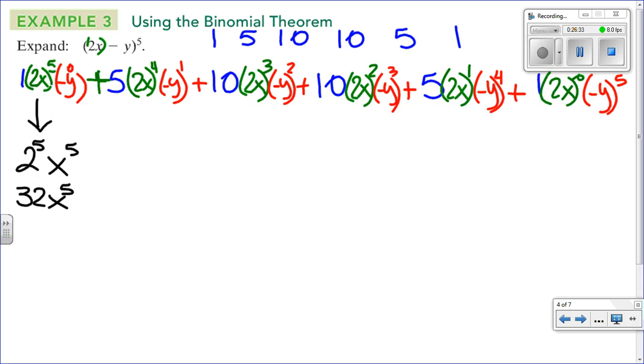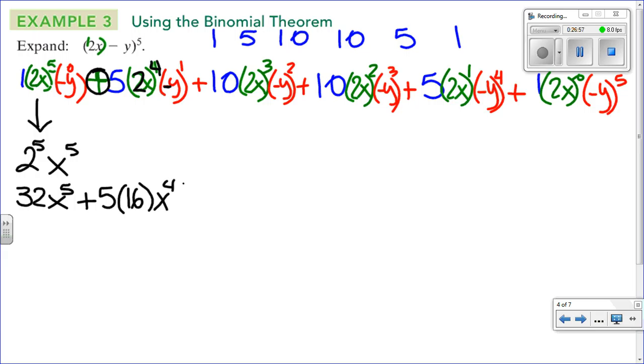So the next term will be, you can look at your signs, and we have a positive and we have a negative here. But actually, let's not worry about the signs yet. So let's use the 5. And then what is 2 to the power 4? That will be 16x to the power 4.